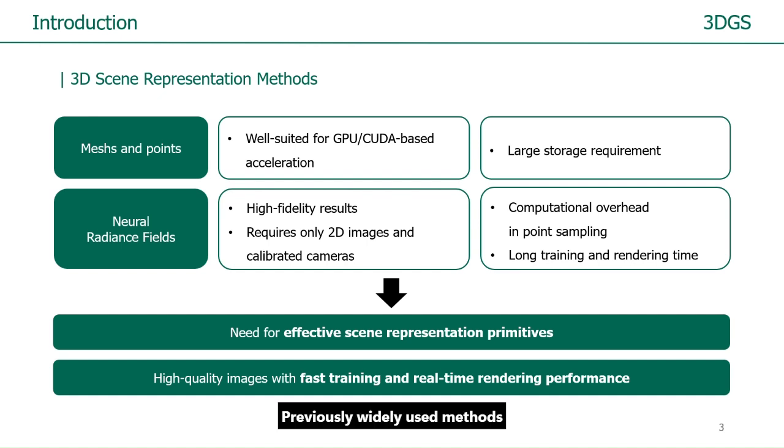Previously widely used methods for 3D scene representation included meshes and points, as well as neural radiance fields. Meshes and points represent a scene by assigning attributes to coordinates in 3D space. These points can also be connected along the surfaces of objects to construct mesh representations.